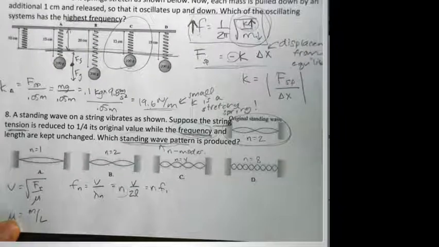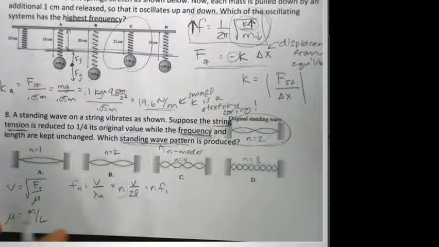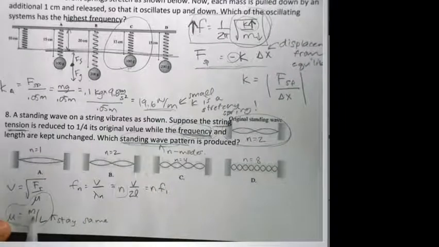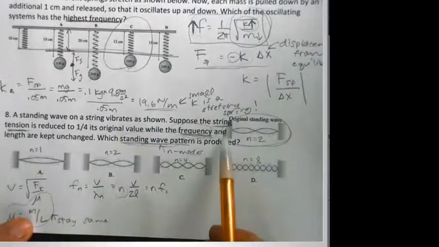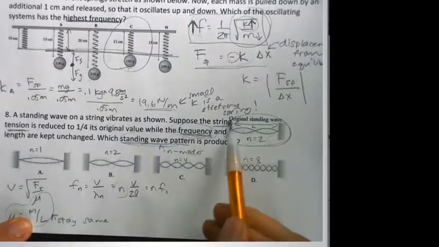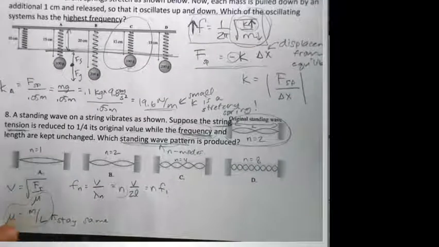And so where can we go with this? We're going to say some things that don't change. We don't know what these are, but we know that they stay the same. This string is going to have the same mass and the same length. The length here is fixed, so we're not going to change the length from one to another.